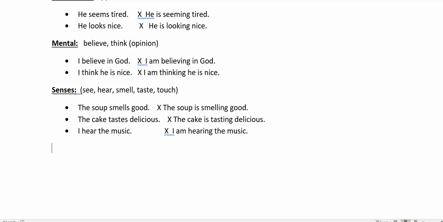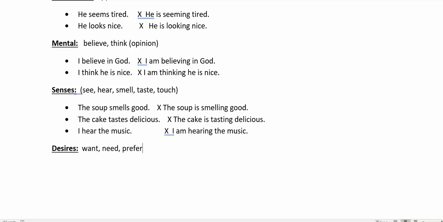All right. So we also have one more group, and it is called desires. So a desire is when you want something, right? So some words in that category are want, need, prefer.